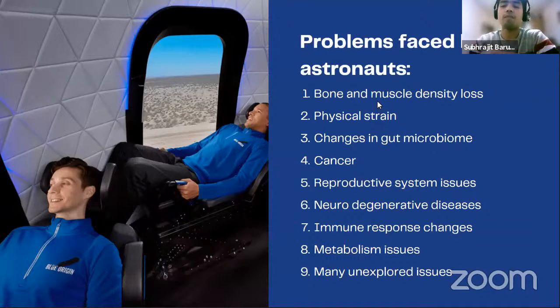And that's all because of microgravity, radiation, isolation, etc., like bone and muscle density loss, physical strain, cancer, gut microbiome changes, etc. But that's not where I stopped. I took one step further to translate this information, or this need for looking into this particular domain, and convert it into my research interest and into my research project.